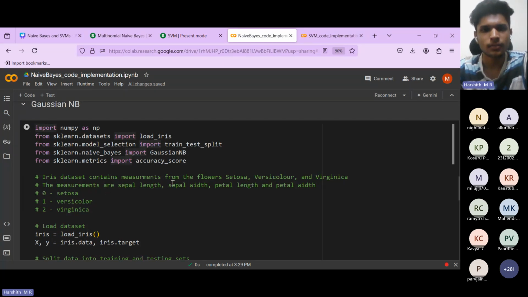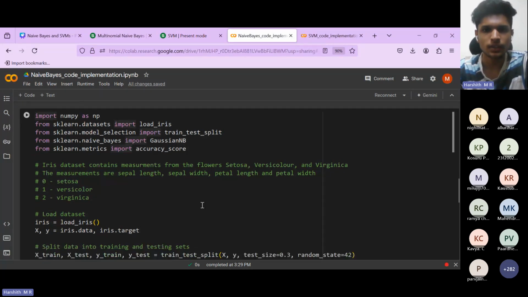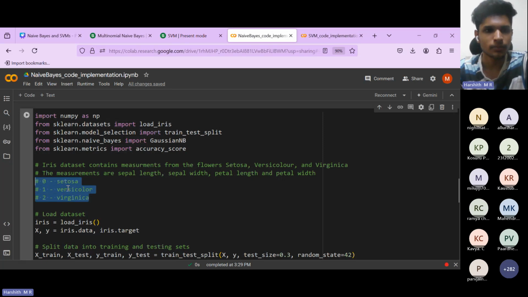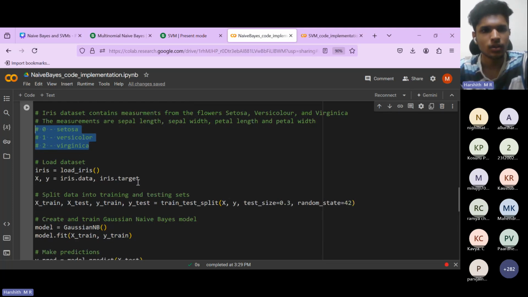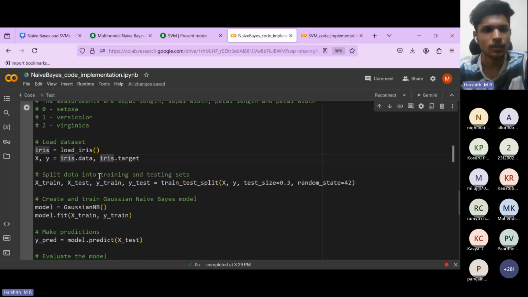The measurements this data set contains are sepal length, sepal width, petal length, as well as petal width. And Setosa belongs to class 0, versicolor belongs to class 1, and virginica belongs to class 2. So we'll load the iris data set. The features will be loaded in the X variable, and the targets will be loaded in Y.